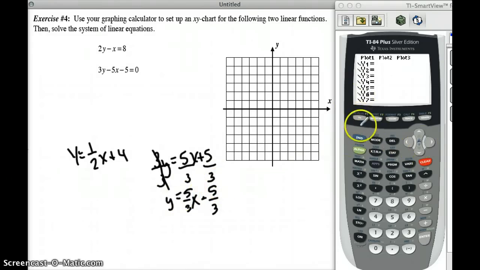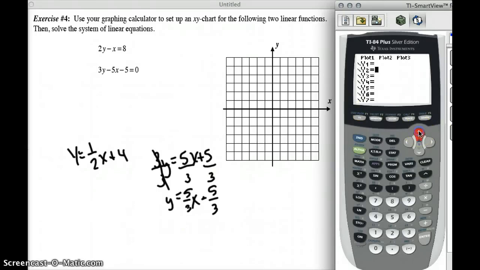So I'm going to go to my y equals, sorry, I already pushed it, y equals, and on my first equation I have 1/2, I'm going to put it in as 0.5x plus 4, and the second one is, so I'm going to arrow down, 5/3 x plus 5/3. 5 divided by 3 in parentheses with an x plus parentheses 5 divided by 3, close parentheses. And I'm going to look at the graph quickly only because I want to get an idea of where this point of intersection is.